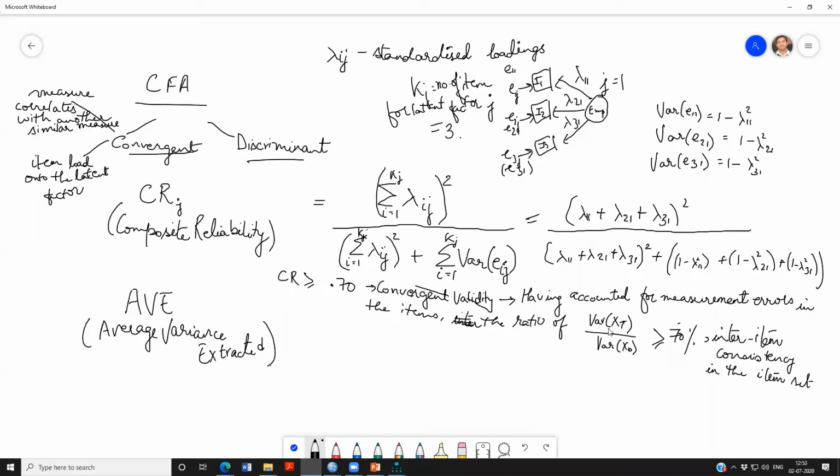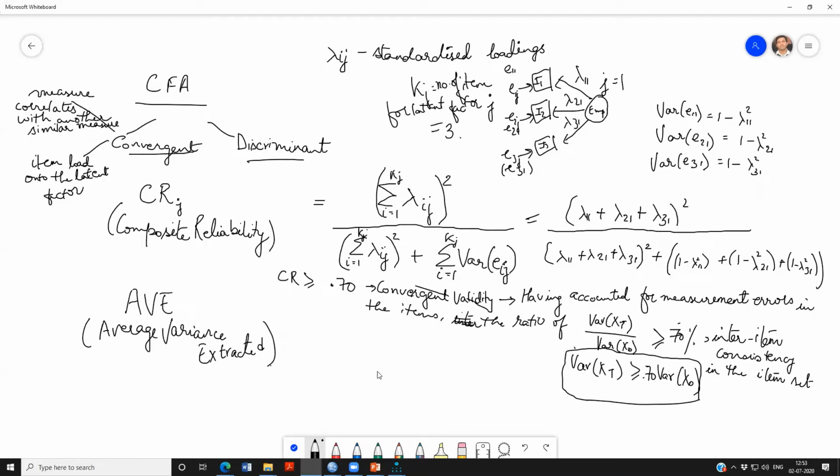That means the true variance is more than 70% of the total variance that is captured by all the items. So the true variance is more than 70% of the overall observed variance.